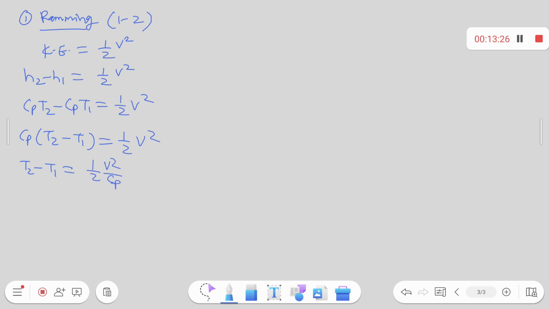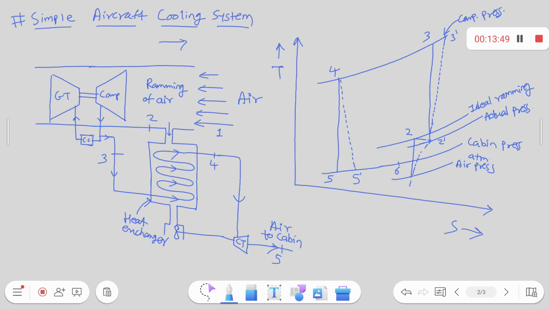So take T1 on this side. So T2 is equal to T1 plus 1 by 2 V square by Cp. So divided by T1, T2 by T1, which is equal to T2 dash by T1. Here you can see T2 is equal to T2 dash.